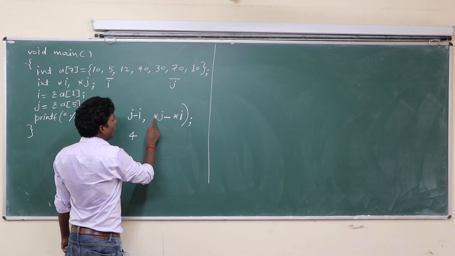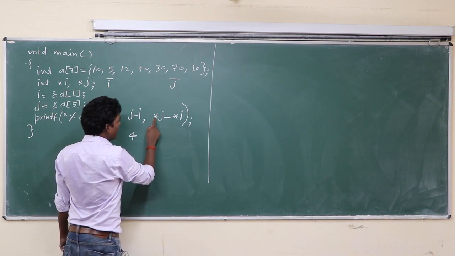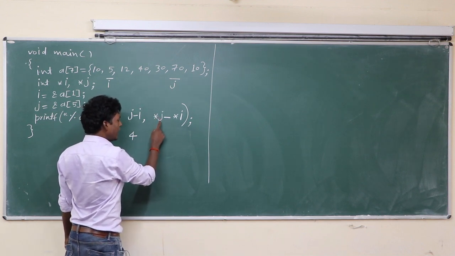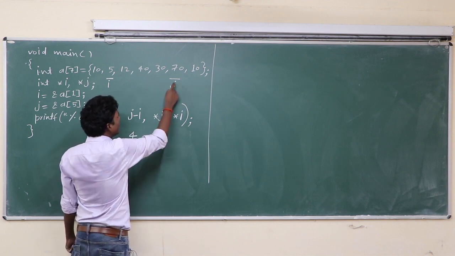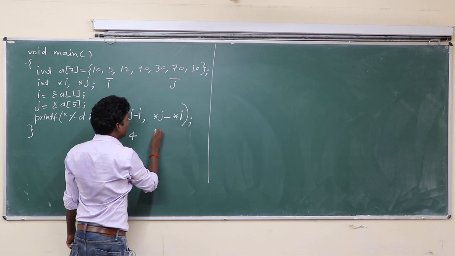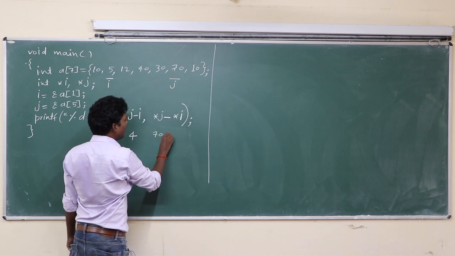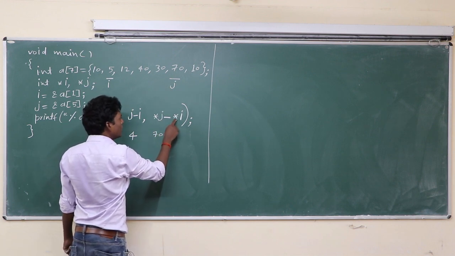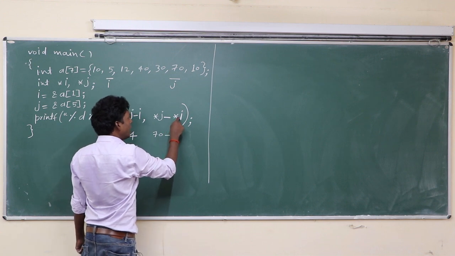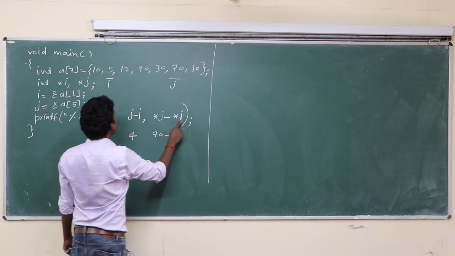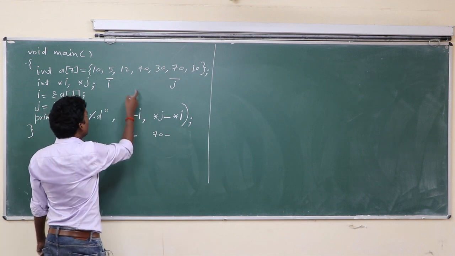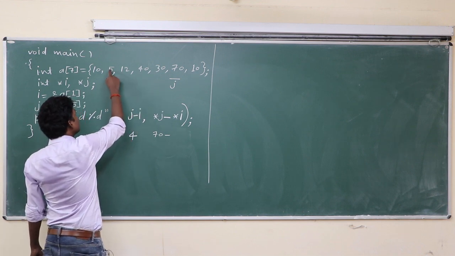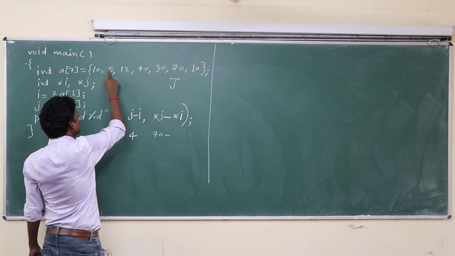asterisk J. Asterisk gives value at address. J has address of A of 5 and A of 5 has value 70. Here 70 minus asterisk I gives the value at address I. I has address A of 1 and the value at A of 1 is 5.